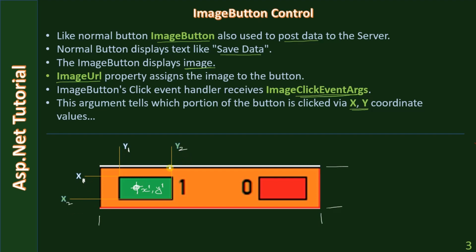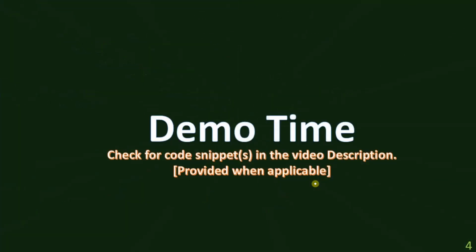Using this conditional check, we can say that the user clicked inside the green area. The same way we can say the user clicked somewhere in the red area. For that we have to record x1 y1, the top left corner, and the bottom right corner of this red rectangle. Alright, now let's go to the demo and see how the image button control works.